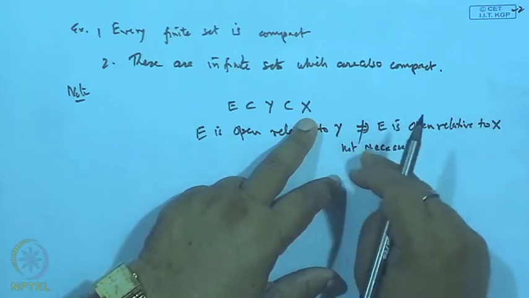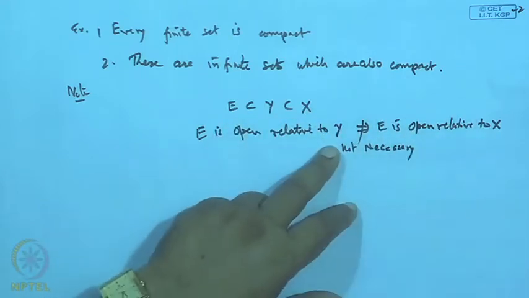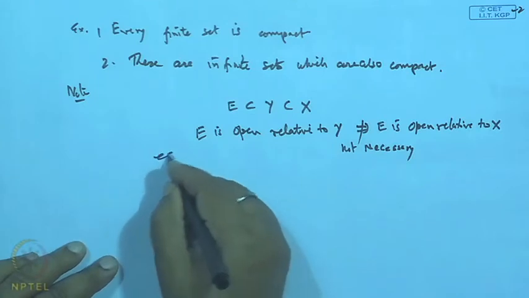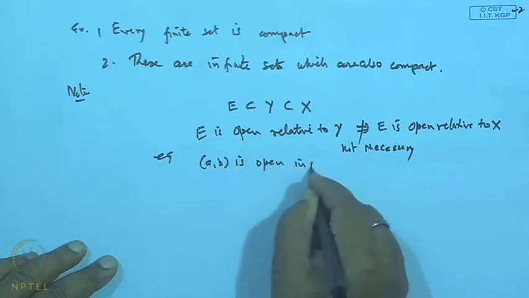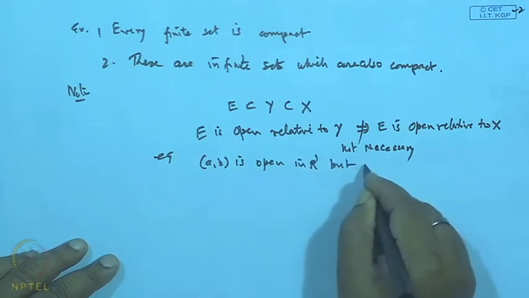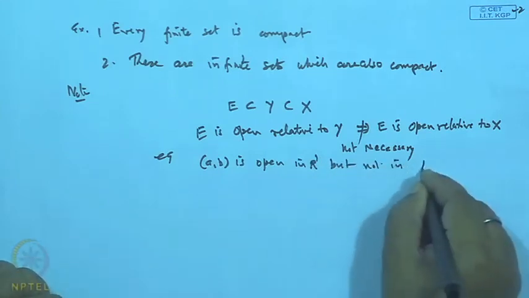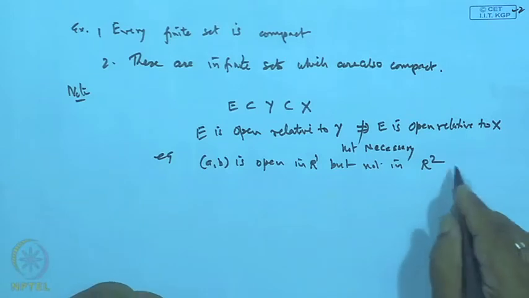And in examples we have seen with R^1 and R^2, an open interval (a, b) is open in R^1 but not in R^2, is it not?